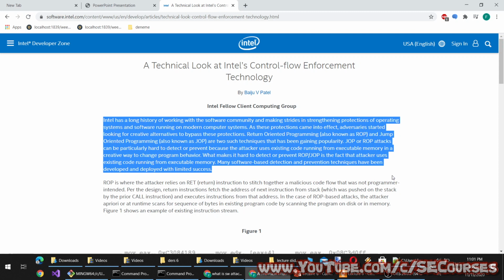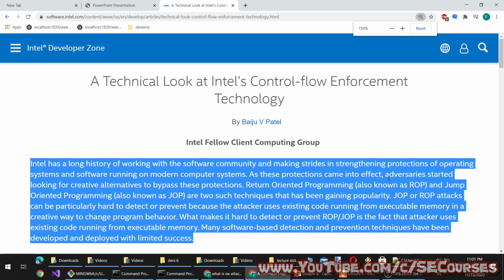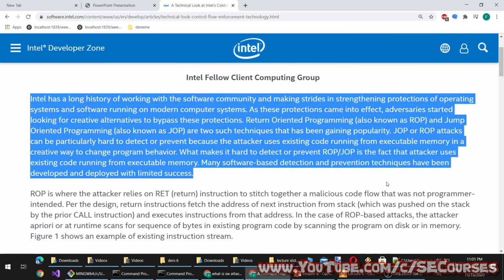Intel has a long history of working with the software community and making strides in strengthening protections of operating systems and software running on modern computer systems. As these protections came into effect, adversaries started looking for creative alternatives to bypass them. Return-oriented programming, also known as ROP, and jump-oriented programming, also known as JOP, are two such techniques that have been gaining popularity.